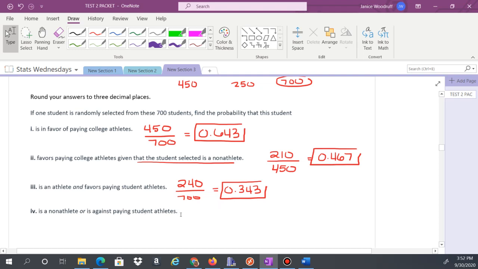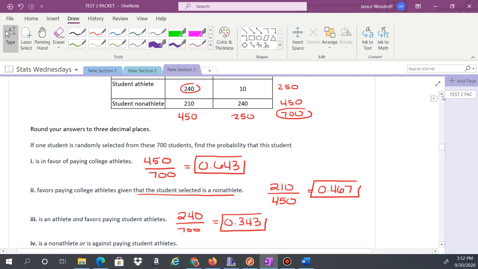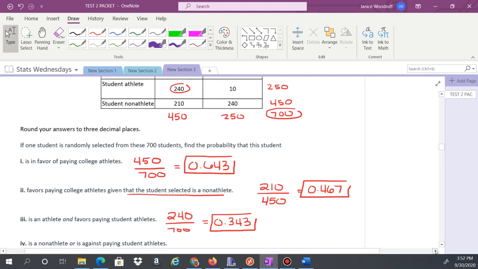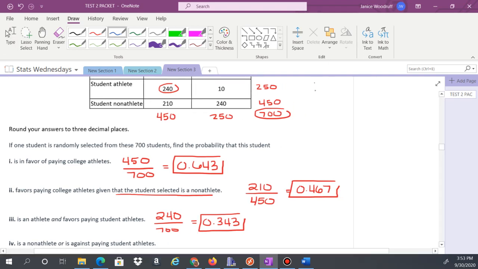So here's what we're going to do. We got to find those probabilities. I'm going to do it up here so I can see my table. So probability of a non-athlete, over here. Okay, probability of a non-athlete. So that's 450 total non-athletes out of 700.